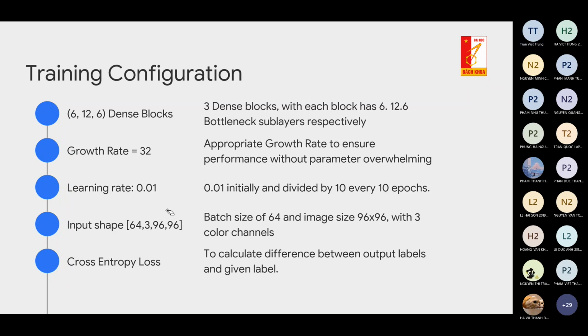And the input shape is 64. That 64 is the batch size, and 3 is the number of color channels, like blue, green, red, and 96 is the image size.